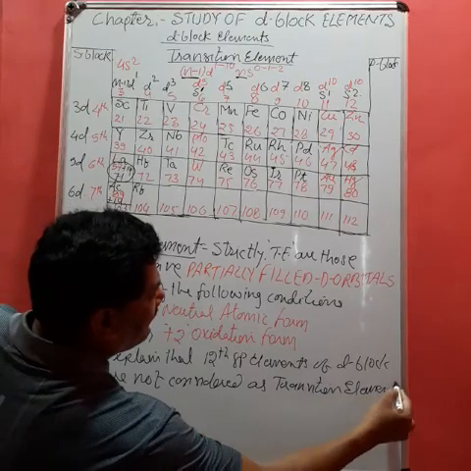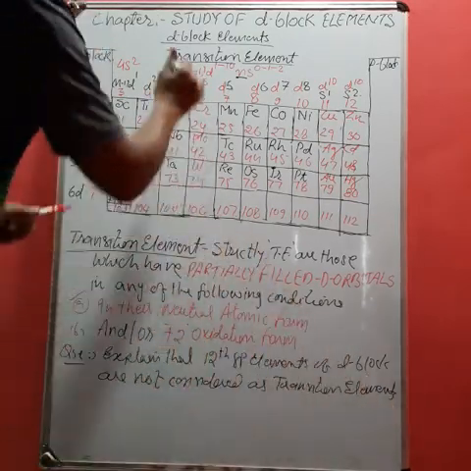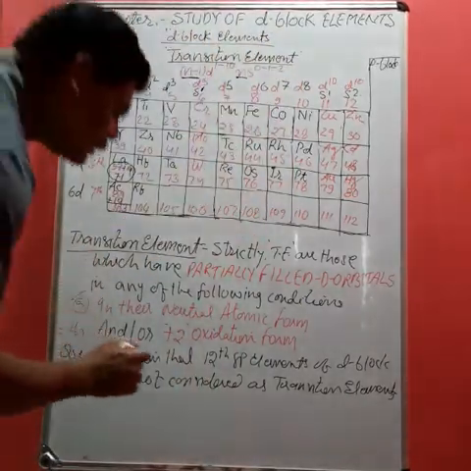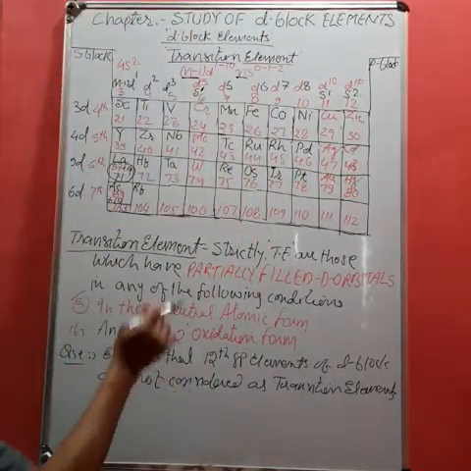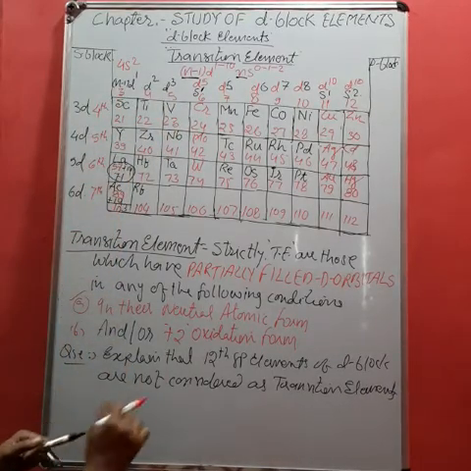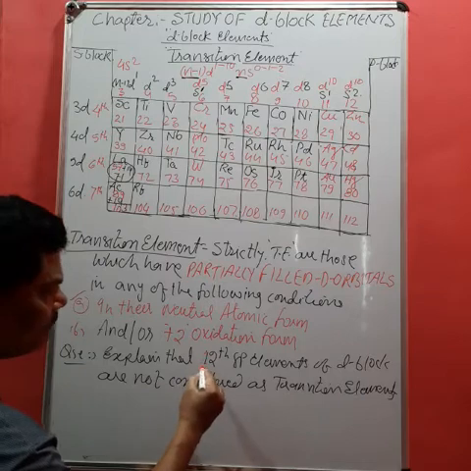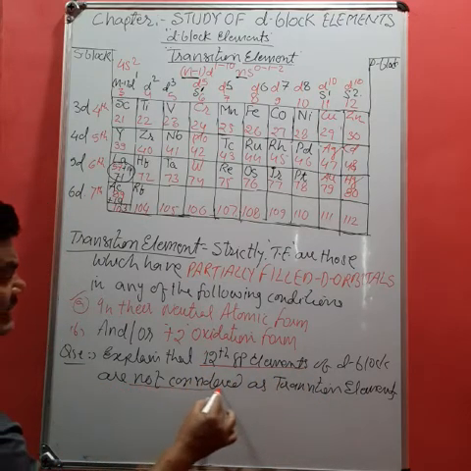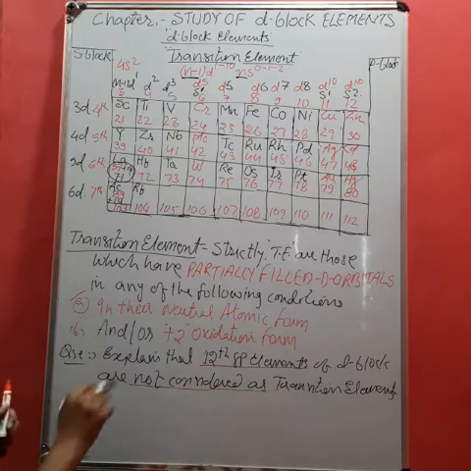Students, in the heading it is written that all D block elements are called transition elements. But now see the question. The question does not follow the given heading. Here it is given that the 12th group elements, although they belong to D block, are not considered as transition elements. We have to explain why.